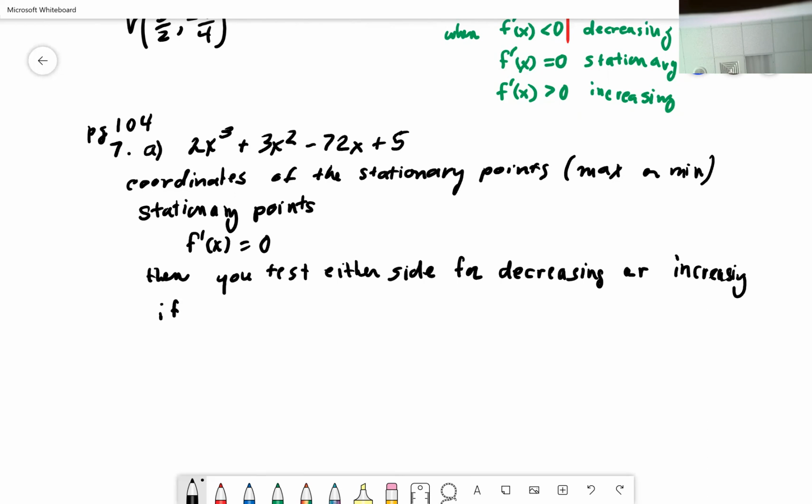If it's decreasing, then increasing, you can think of it like this, and that will be a minimum. If increasing and then decreasing, you have a max. That's the general idea.